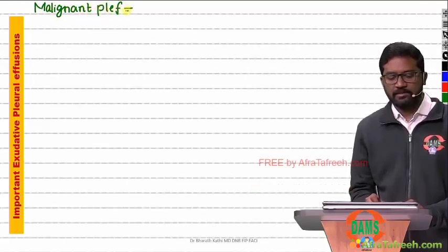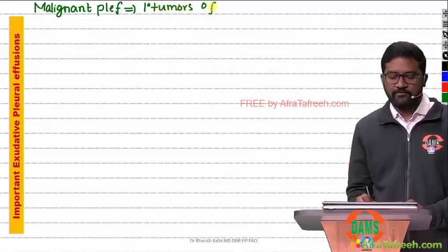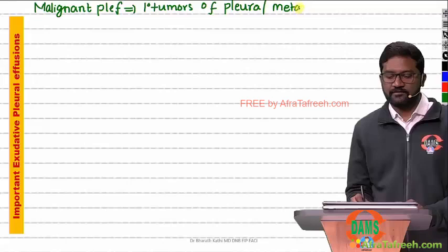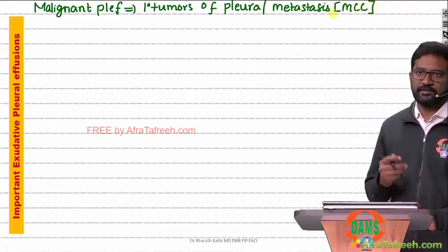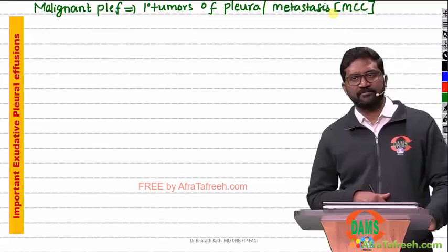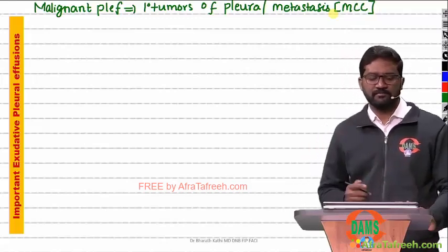Either it can be due to primary tumors of pleura or as a part of metastasis. So generally metastasis will be the most common cause of malignant pleural effusion. So whenever there is a pleural effusion which is malignant, most probably it is due to metastasis from elsewhere.